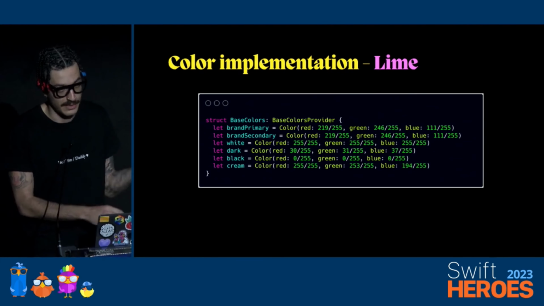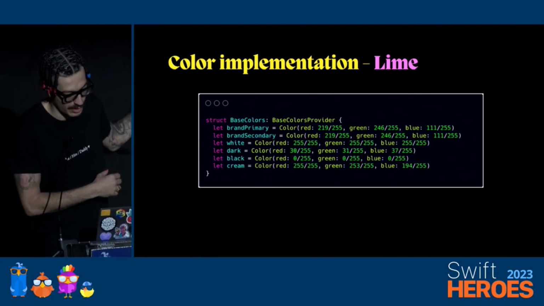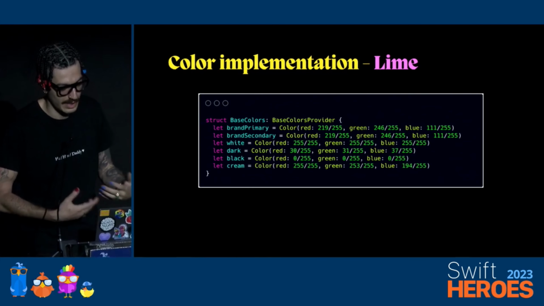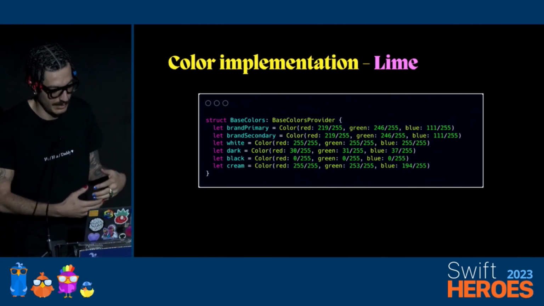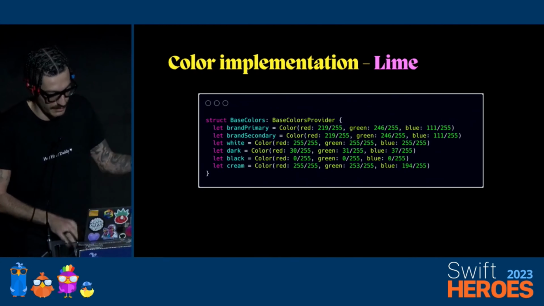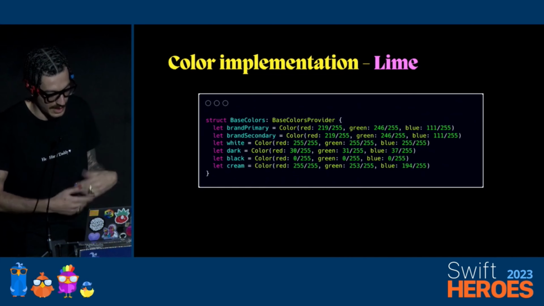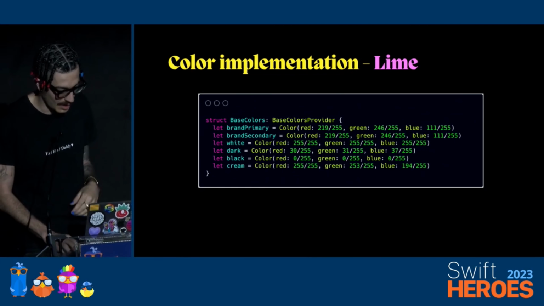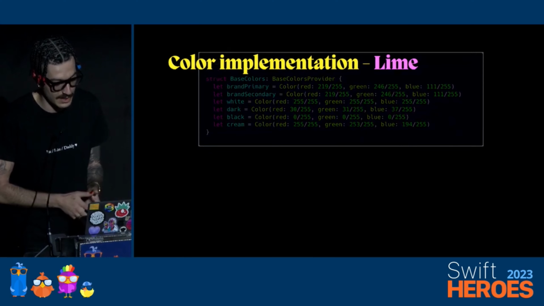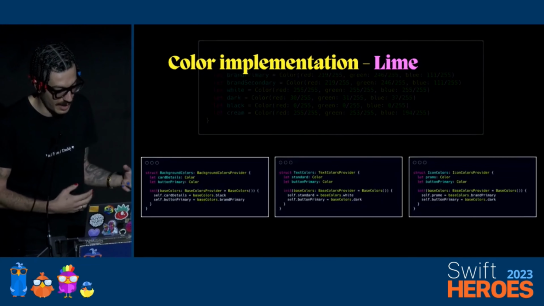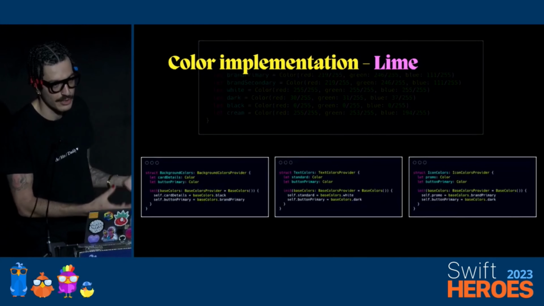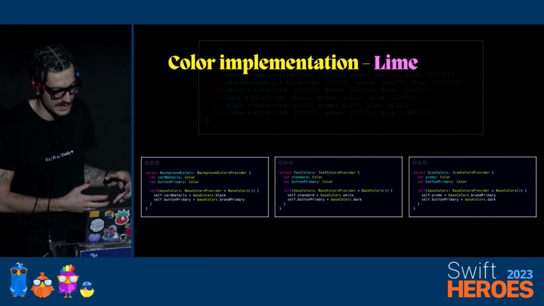Again, this conforms to its own protocol, because it will make it easier for us to customize it in the future, especially when working with the SDKs, which we'll talk about later. Then we take these base colors and we inject them in our different clusters of token colors that we previously saw together.